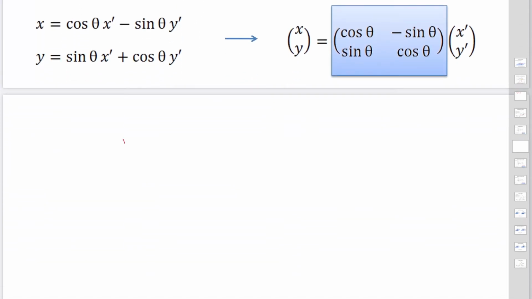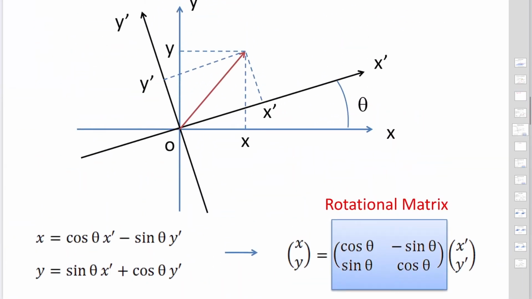The position vector r can be expressed as r scalar product e sub x, e sub x, plus r scalar product e sub y, e sub y, where e sub x and e sub y are directed along the x-axis and y-axis. And e sub x prime and e sub y prime are along the x prime and y prime axes.